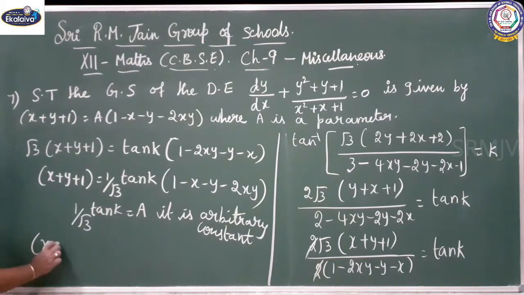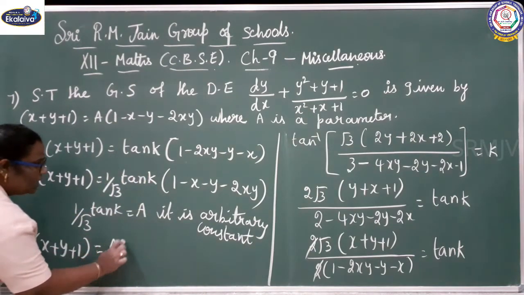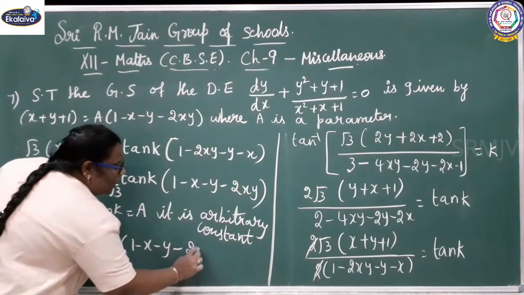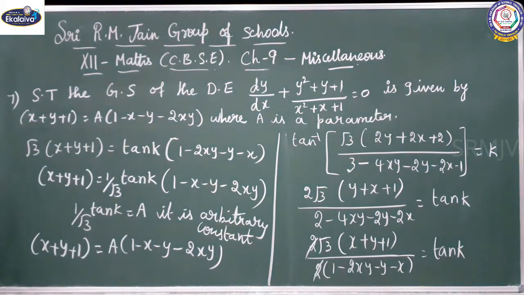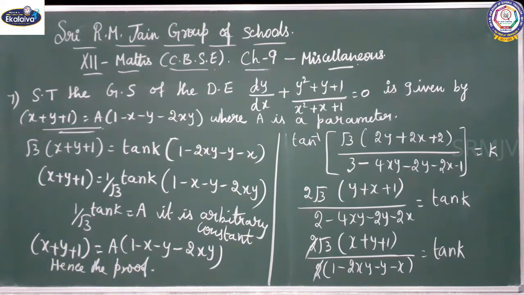So x plus y plus 1 equal to, you can take that value a into 1 minus x minus y minus 2xy, hence the proof. We have proved, hence the proof.